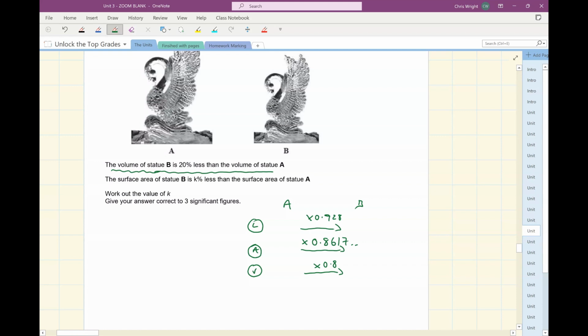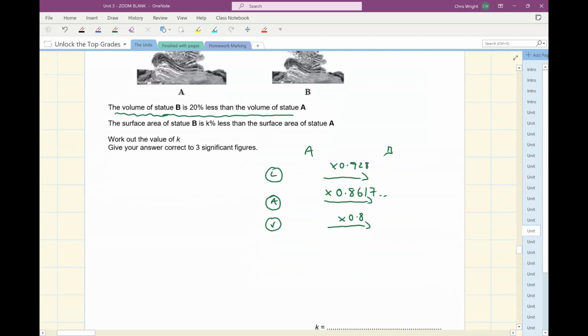So we worked out all our scale factors now. What's the question asking us here? It's saying the surface area of statue B is k% less than the surface area of statue A. Well, I know to go from the surface area of A to the surface area of B, I multiply by 0.8617.